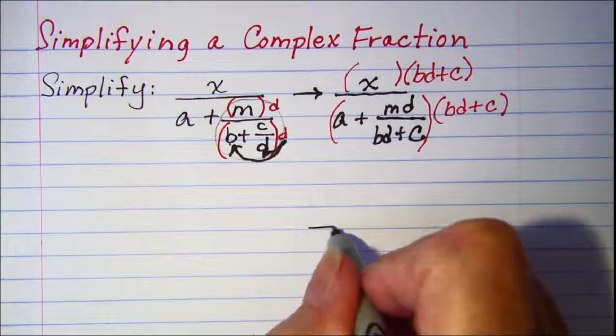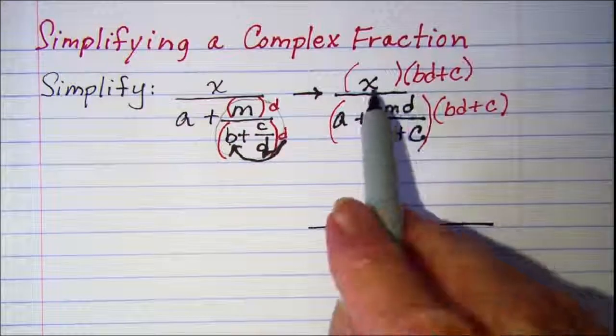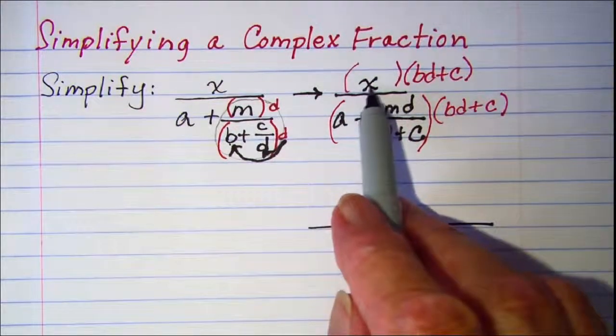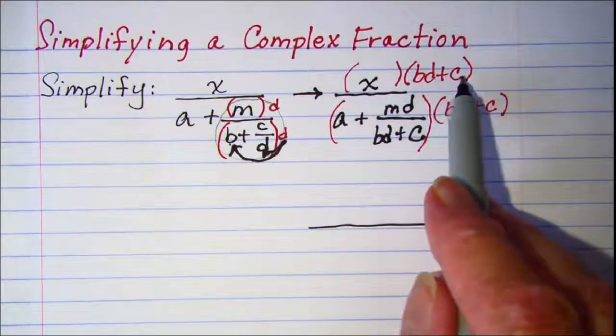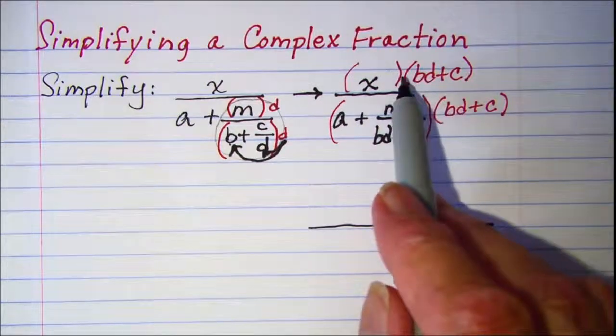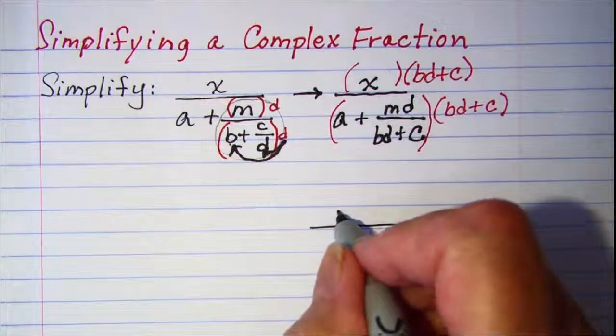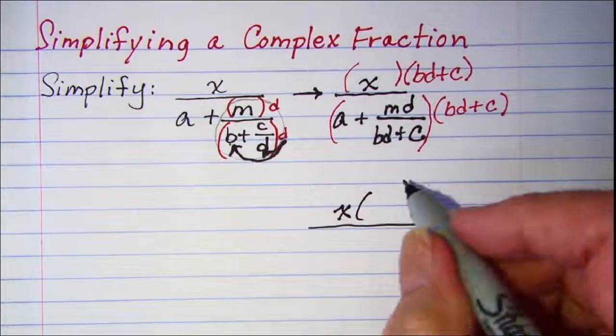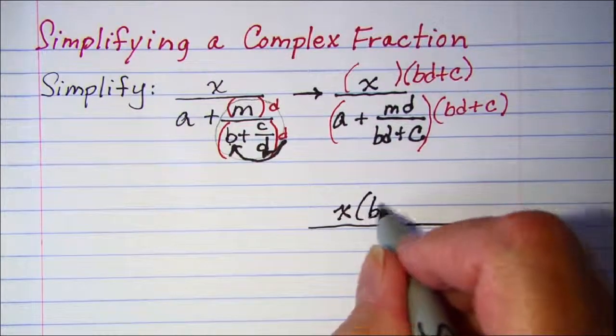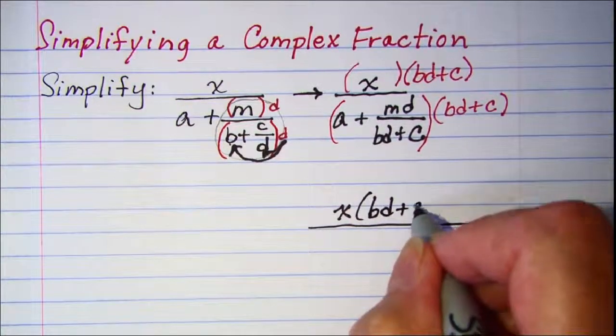So now, in the numerator, I have x multiplied by the binomial bd plus c. And you can distribute at this point or just write it bd plus c in parentheses.